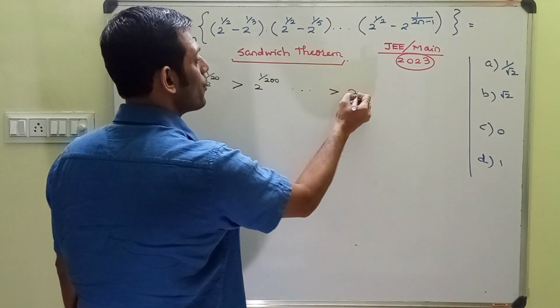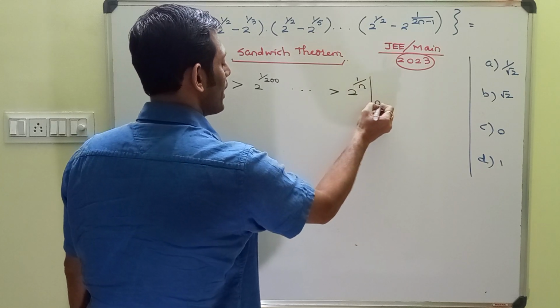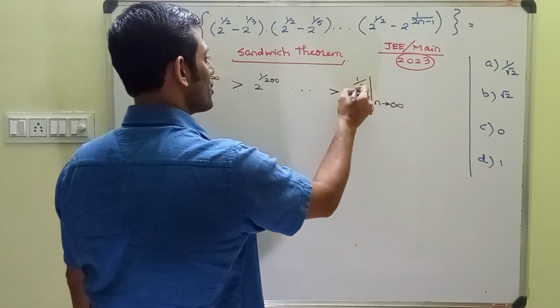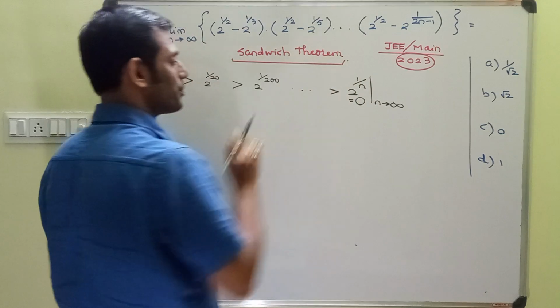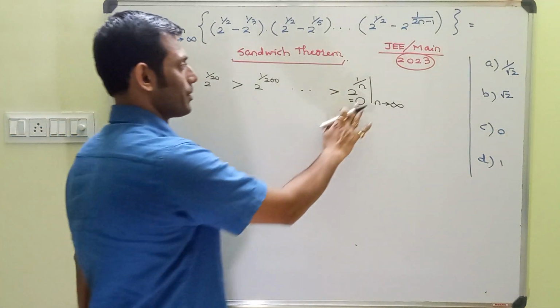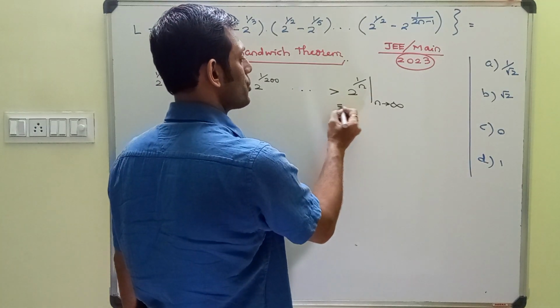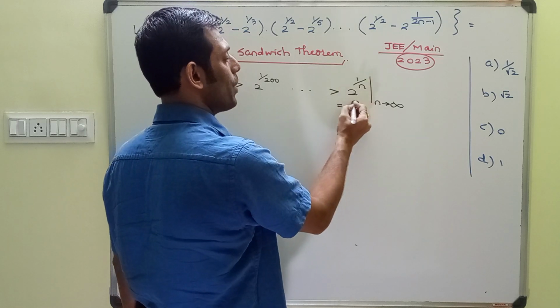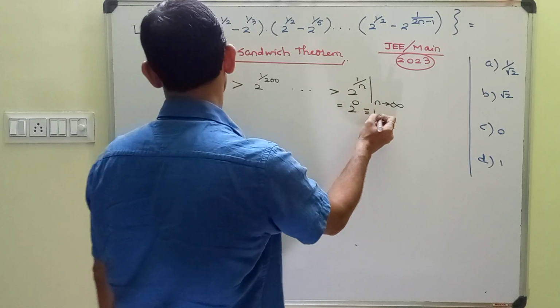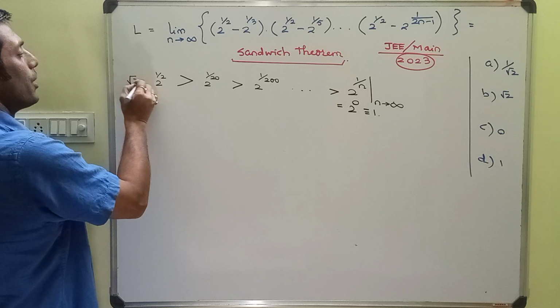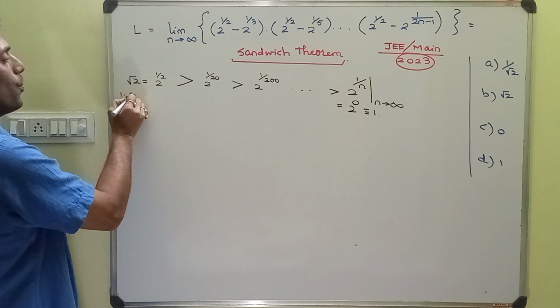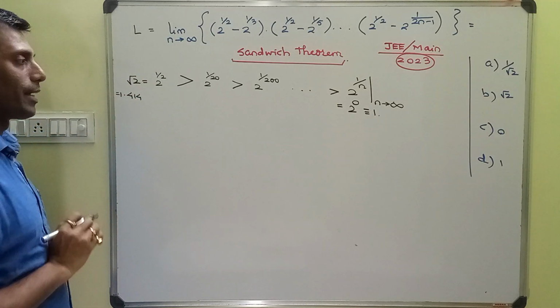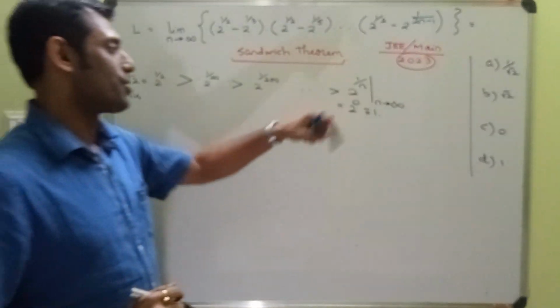Because if I keep going for 1 by n and then n tending to infinity, this tends towards 0. Sorry, 2 power 0. This goes towards 2 power 0, 1 by infinity, and that goes towards 1. And this is root 2, and root 2 is 1.414 and so on. Obviously, this is greater, this is lesser.